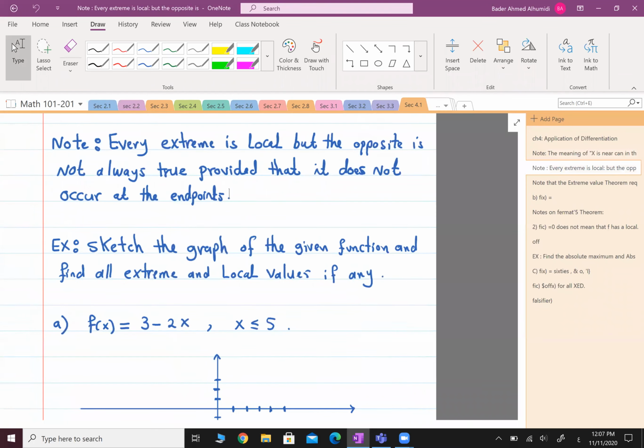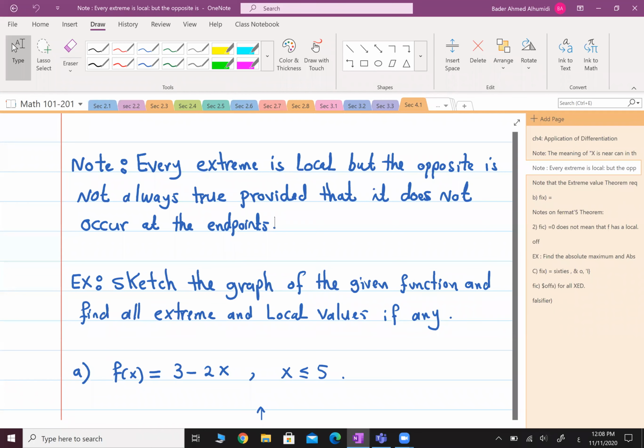It may not be the highest point, but it is the highest among a certain interval only. It could be an absolute maximum but not a local maximum. When does this happen? At the beginning or the end of the function. Well done, if it appears at the end of the interval.